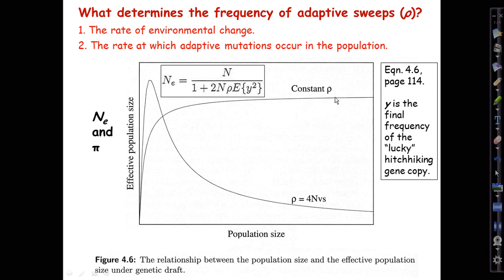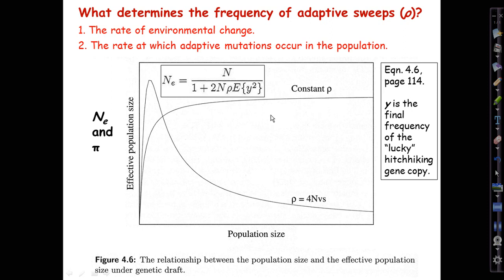All right, so if rho is just a constant, then it turns out the effective population size will increase rapidly at first with the population size, but then turn over and saturate at an asymptote that is not reflective of the population size at all. So that's kind of consistent with that original Bazin et al. figure for the mitochondrial variation anyway.